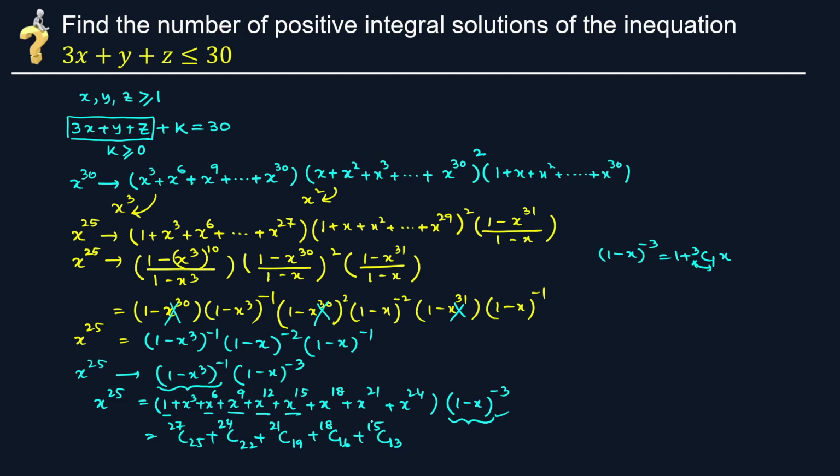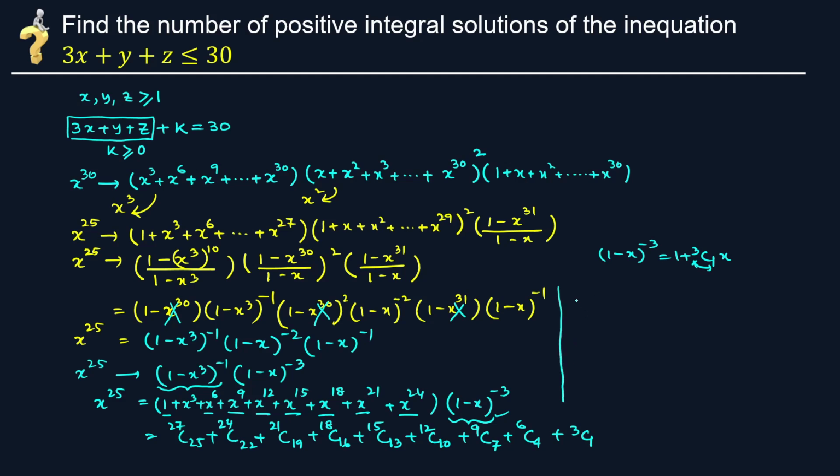For x to the power 15, I need x to the power 10, so C10, this will be 12C10. For x to the power 18, I need x to the power 7 from this expression, so it will be 9C7. For 21, I need 4, so this is 4, this is 6C4. And for x to the power 24, I need only x from here, so that will be 3C1. That's it. So if you add this, you are going to have our final answer.